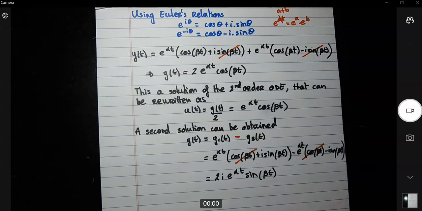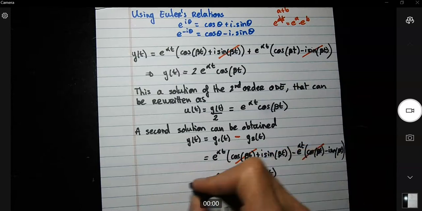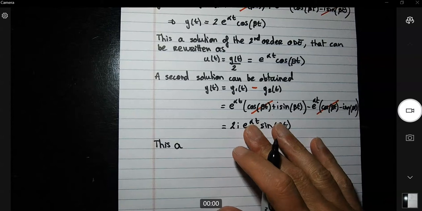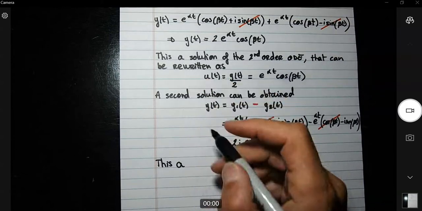So again, this is a solution, following exactly the same procedure as before.